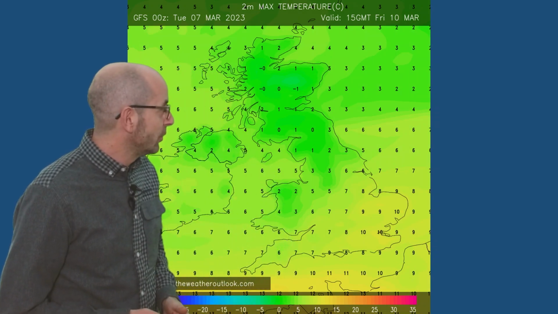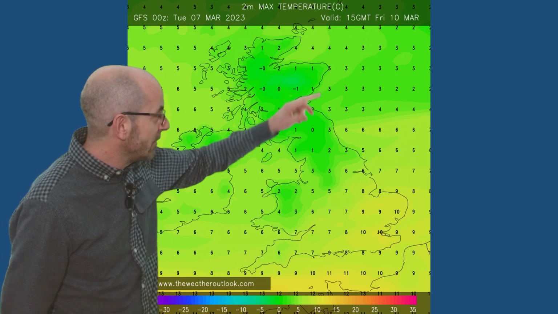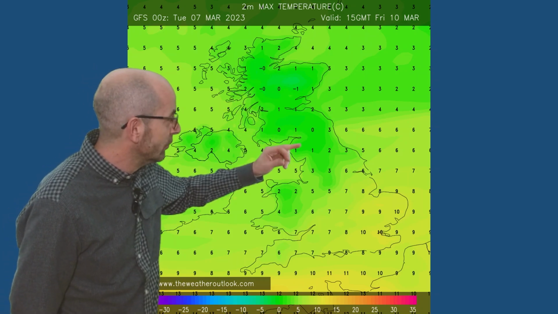Going forwards to Friday afternoon, a similar story, remaining very cold in Scotland, perhaps northern England too, with Northern Ireland as well still staying on the chilly side. And there are some very low overnight temperatures being forecast through the first week, especially in the northern half of the UK.